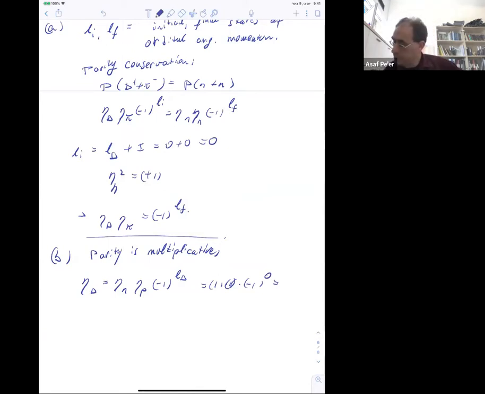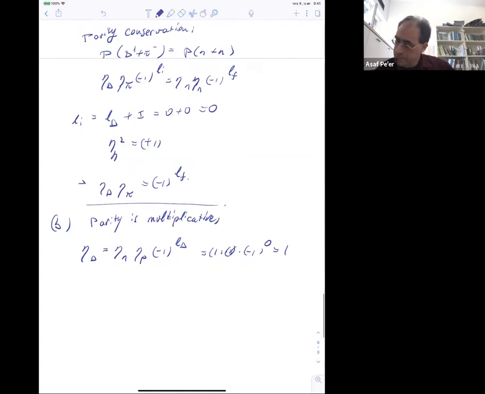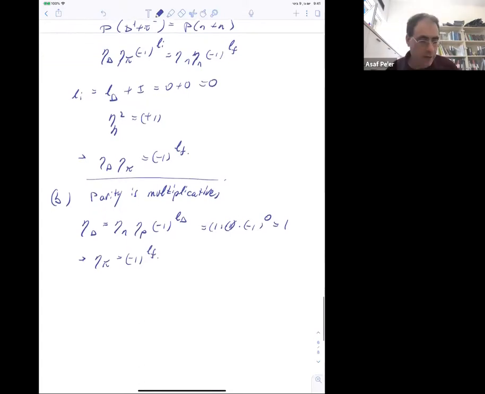So this is 1. So it means that eta pion is (-1) to the power L final. So now we just need to find out what is L final, the orbital angular momentum of the final state.